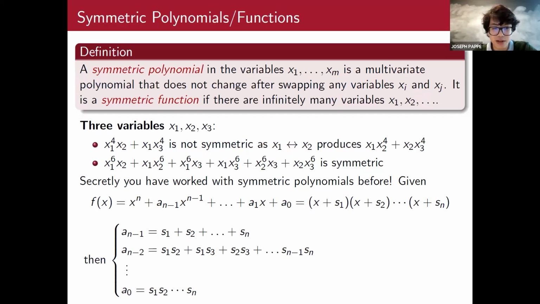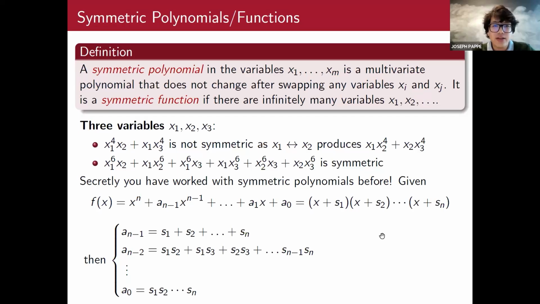And for instance, a0 is the product of all the roots. If you look at these expressions, note that they're all symmetric. So secretly, when you're dealing with polynomials in terms of their roots, you've already been dealing with symmetric polynomials to begin with.